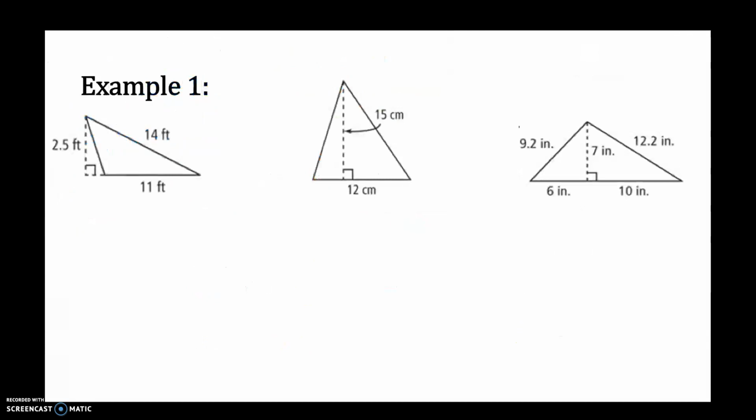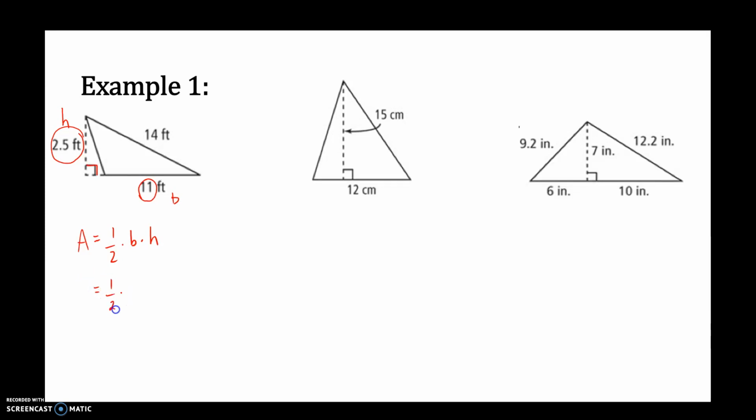Okay, so we're just going to do the area for these 3 examples. So example 1, let's find the area. I know area is 1/2 times the base times the height. Here's my right angle. 2.5 represents my height, and 11 represents my base. Okay, so there's that example of the height being outside the triangle.